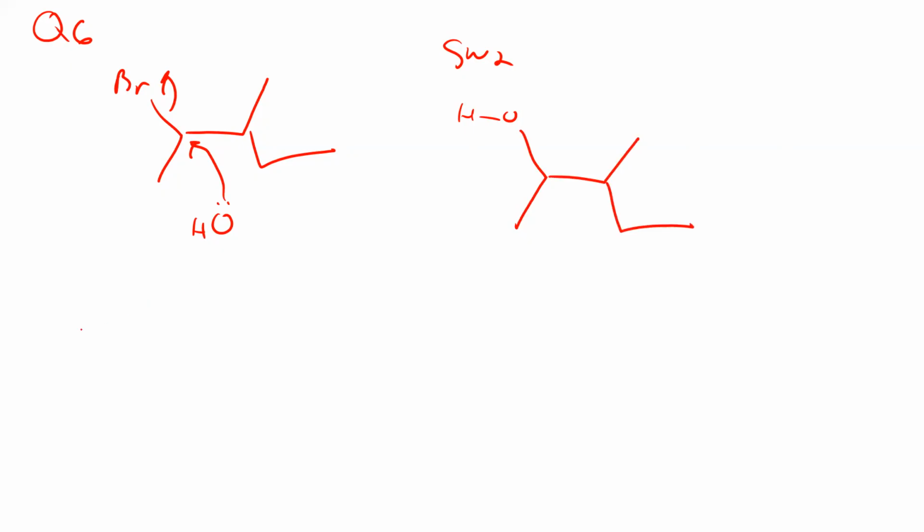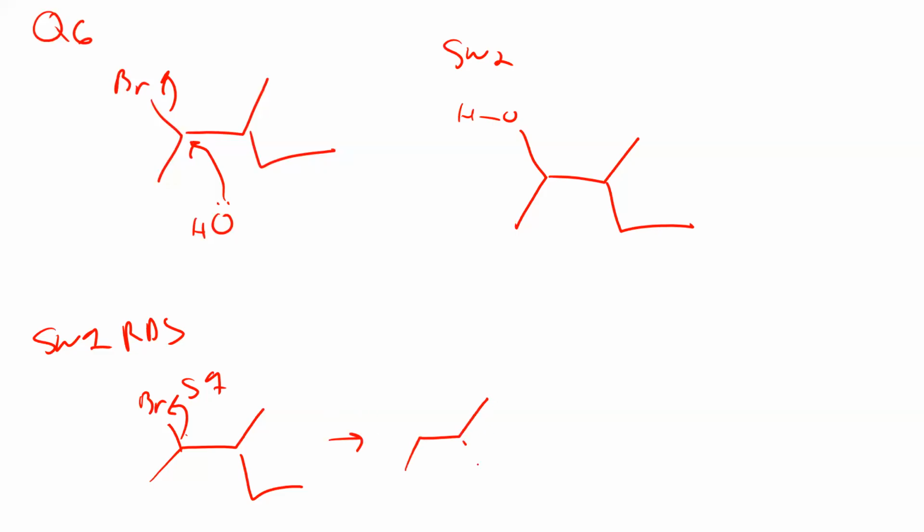That's your SN2. Your SN1, this is stepwise, right? So the rate determining step is going to be the bromine leaving. So the bromine goes, that's step 1, right? So once that bromine leaves, then we have this carbocation. But this is a secondary carbocation, right? And we have a hydrogen here.